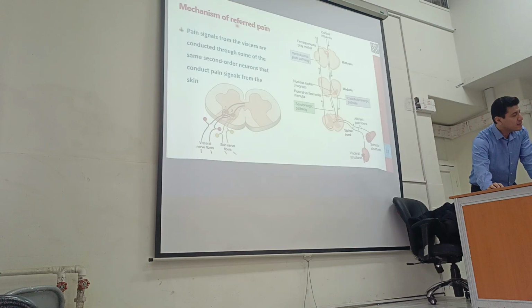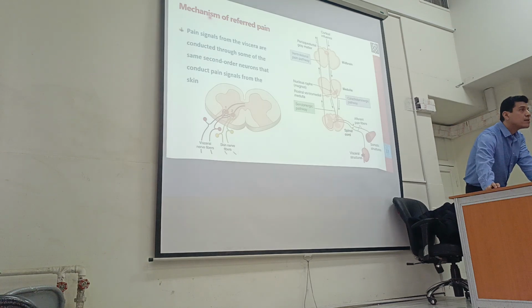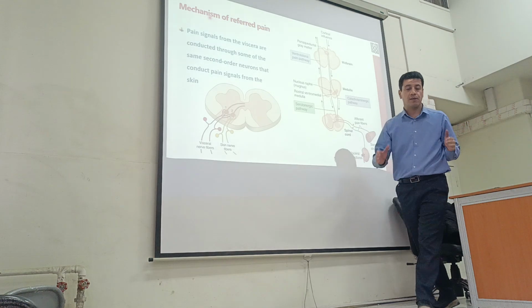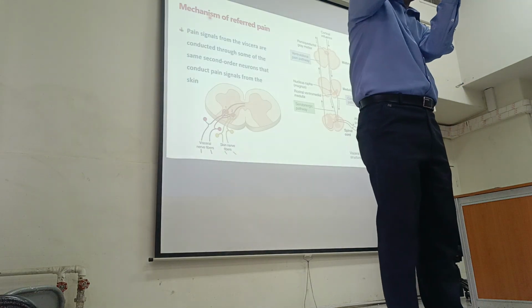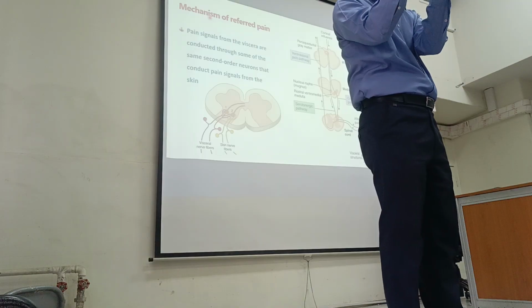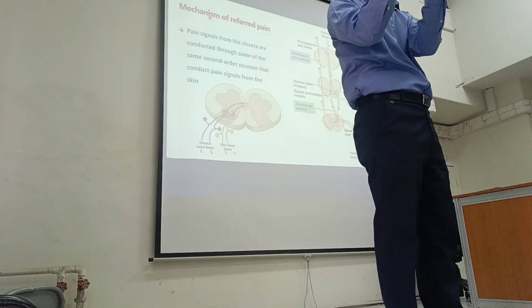So what is the mechanism of referred pain? So remember from our second topic that we had convergent circuits. Convergent circuits was like this. We have two neurons that come to one single neuron, right?